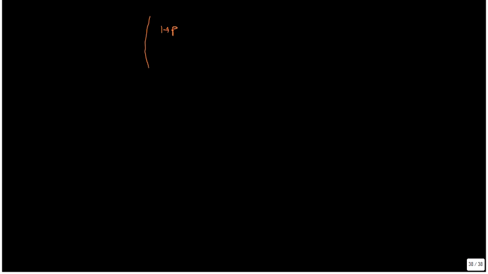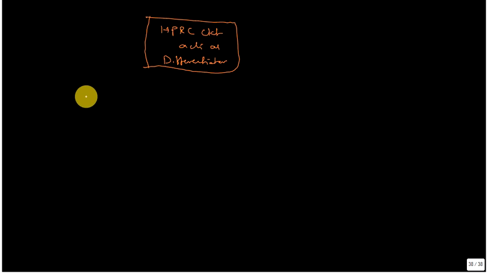Assume that a high pass RC circuit acts as a differentiator. First, we will apply a step input, a step signal of V volts magnitude.